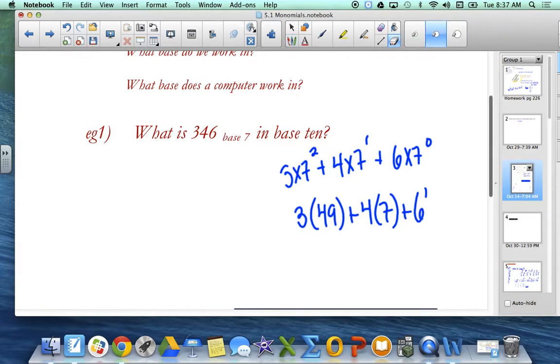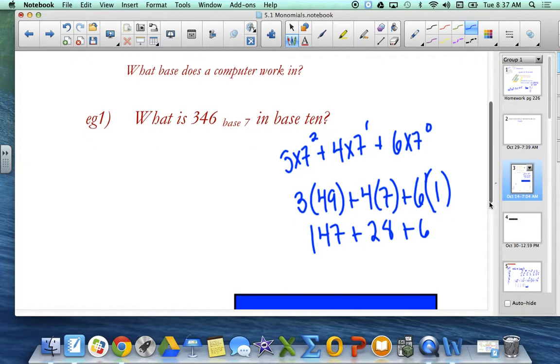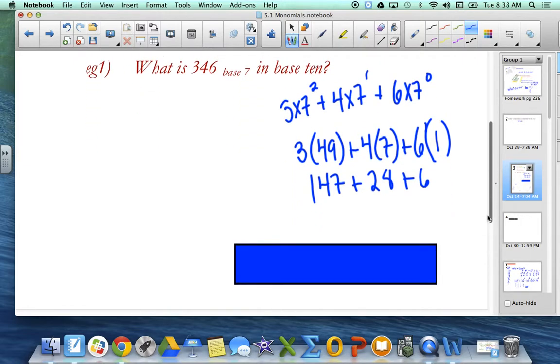All right, so what's 3 times 49, y'all? 147. Plus 28 plus 6. So what is that number? 147 plus 34, right? So what do we get? 181?